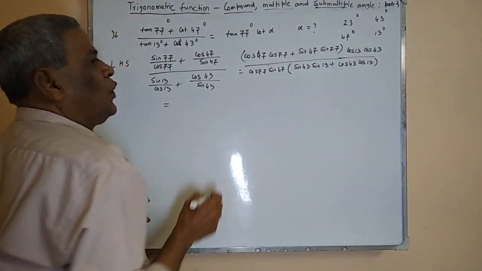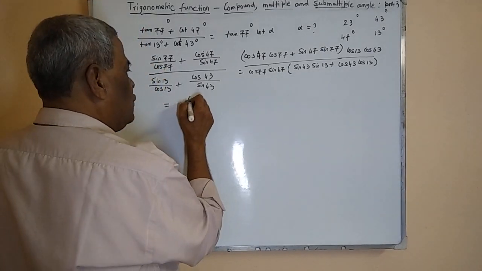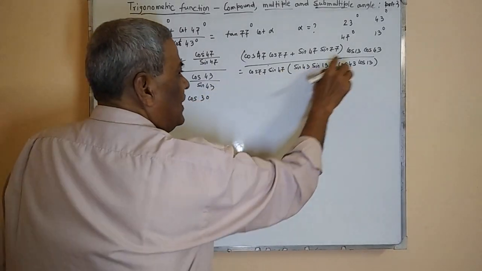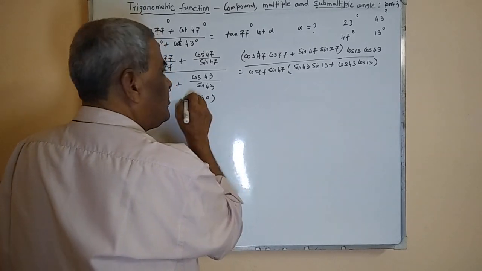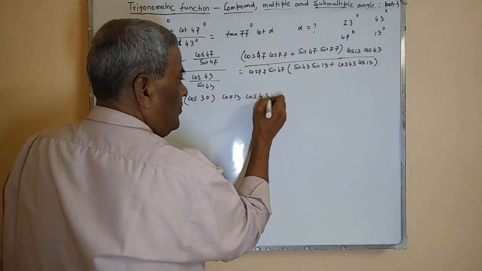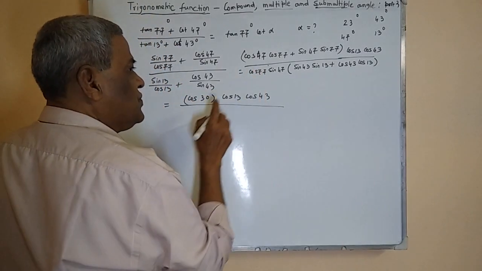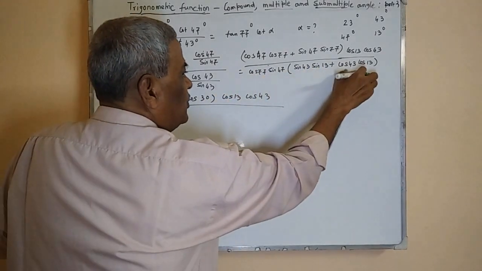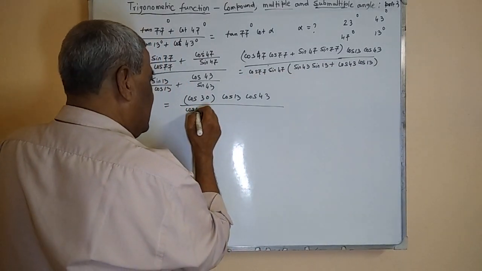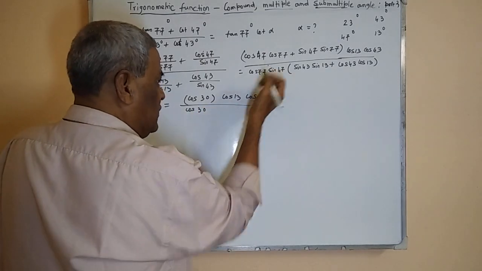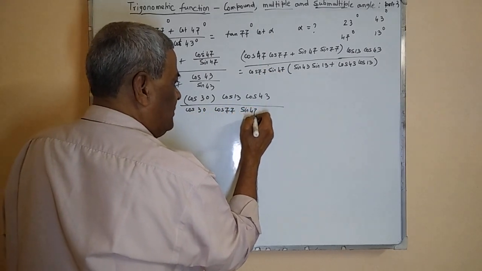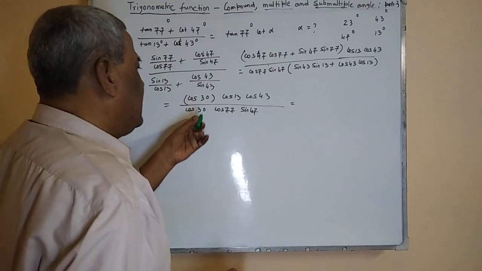This one is cos A cos B plus sin A sin B, so cos of A minus B, that is cos 30 degree, into cos 13 by, this within the first bracket. It is again cos A cos B plus sin A sin B, that is cos of 30 degree, into cos 77 sin 47. They cancel, cos 30 degree cancels from there.